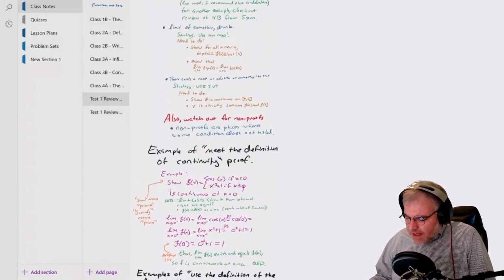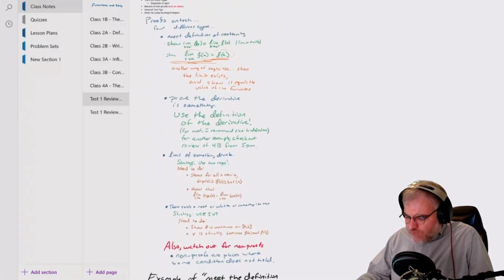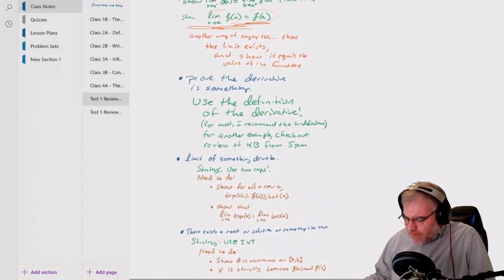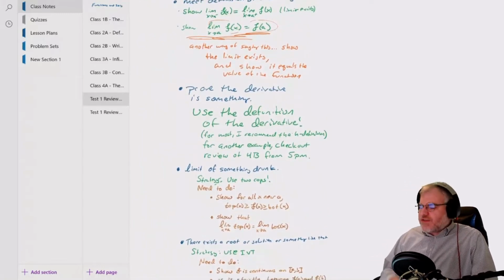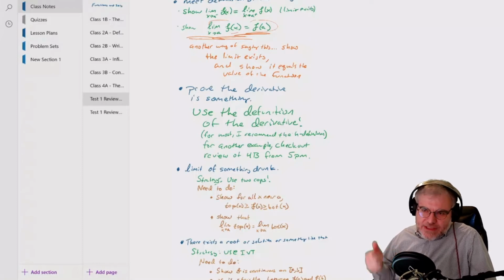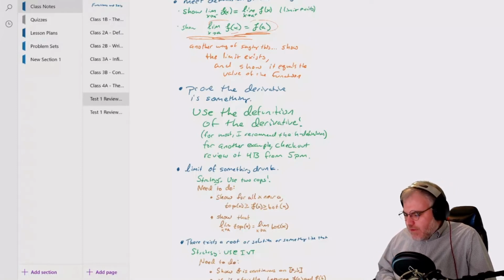Last time I talked about these 4 types of proof problems. Okay, they were meeting the definition of. So I'm going to move on to the proofs unless you have particular questions about certain computational tricks, and I can certainly go through some of those with you.